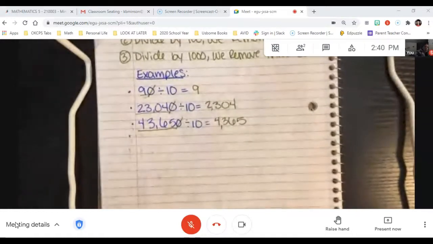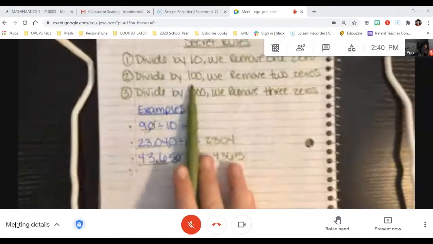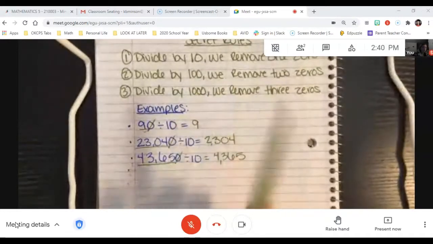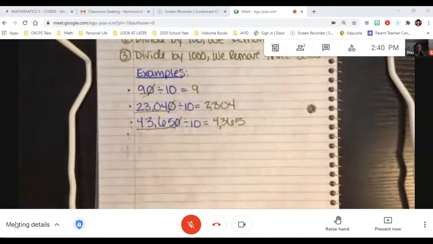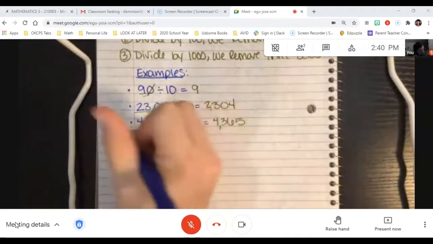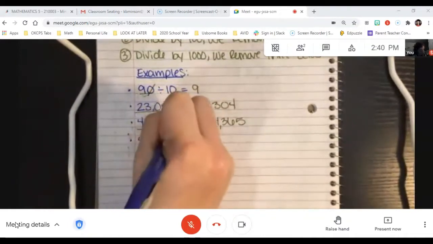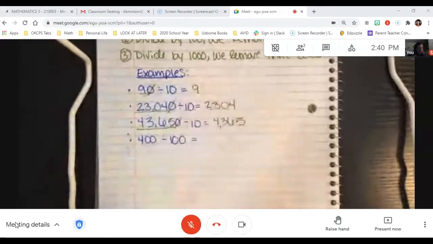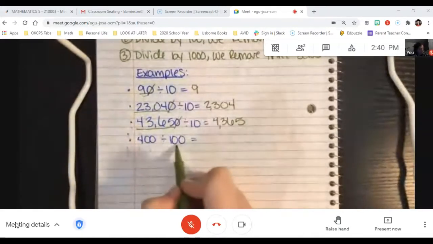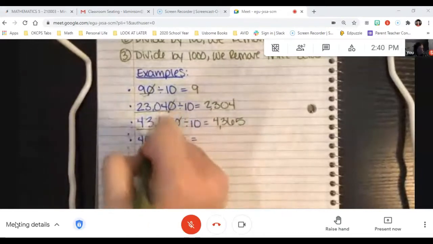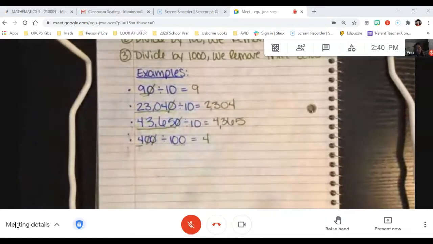So now we're going to do some hundreds, and our rule is when we divide by 100, we remove 2 zeros. So let's do a couple by 100. We have 400 divided by 100. Since we're dividing by 100, we can remove 2 zeros, 1, 2, and I'm left with my answer, which is 4.